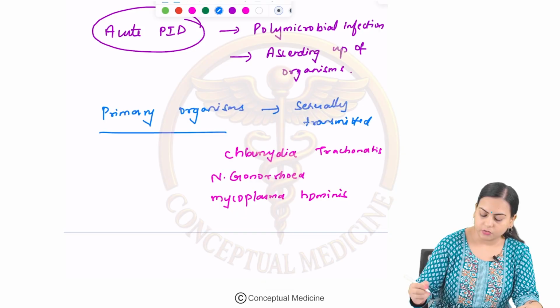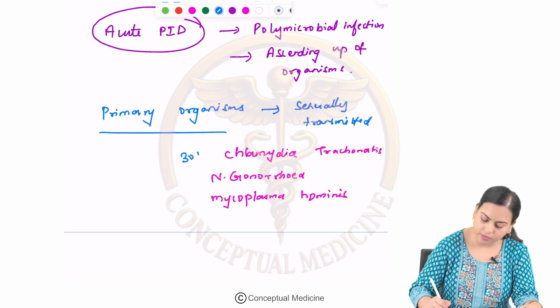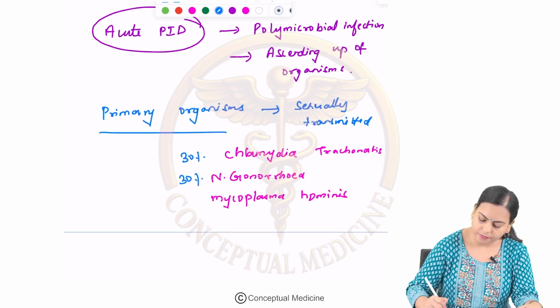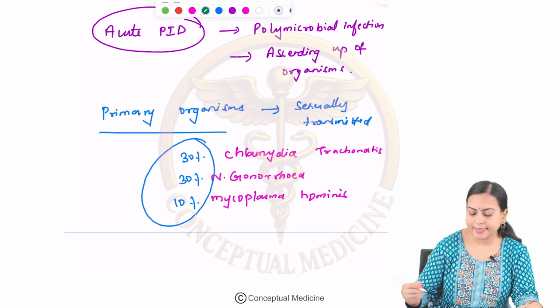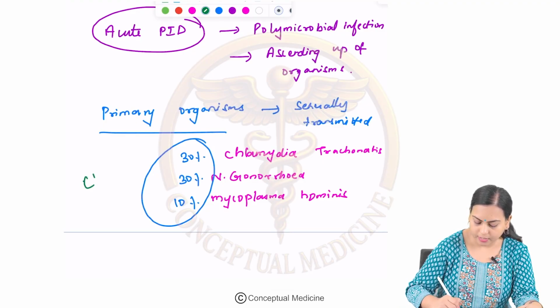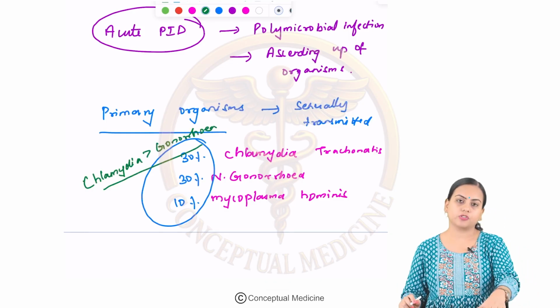In books it is mentioned that there is an equal chance of Chlamydia and gonorrhoeae, and Mycoplasma has a 10% chance. However, clinically we see Chlamydia cases more than gonorrhoeae, as I mentioned in the epidemiology.